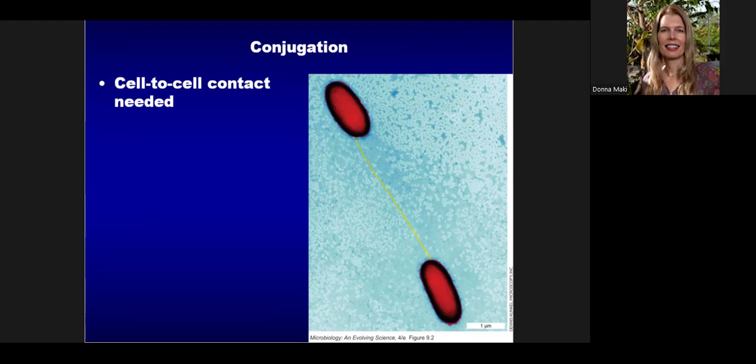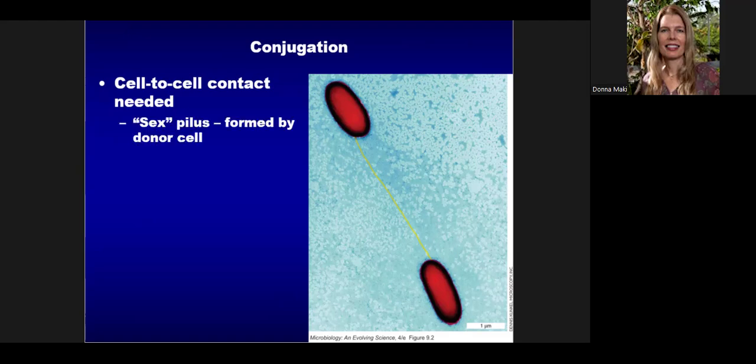Let's say this bottom cell synthesized this pilus and snagged into this cell. Now this one will actually tug this cell close to itself so that they butt up, giving an even tighter connection than just the pilus.